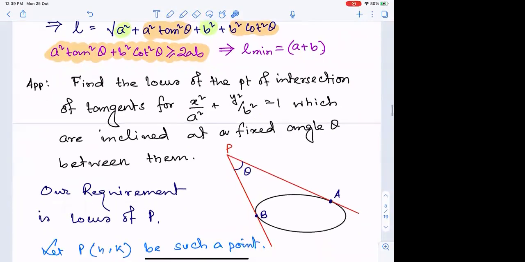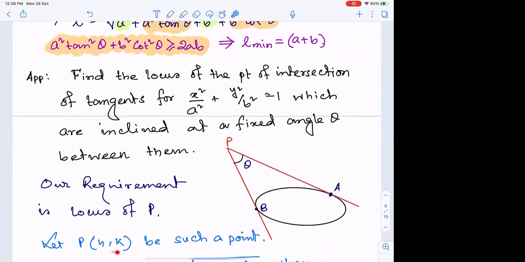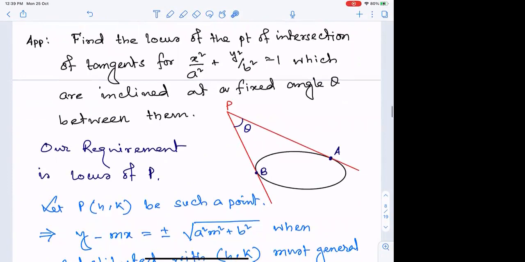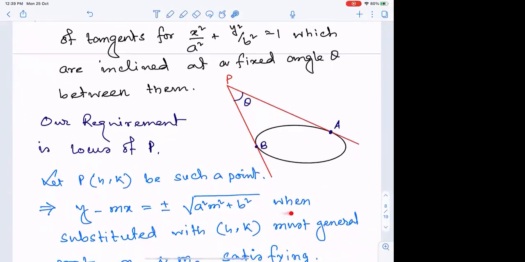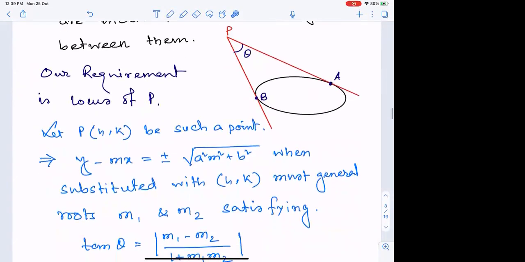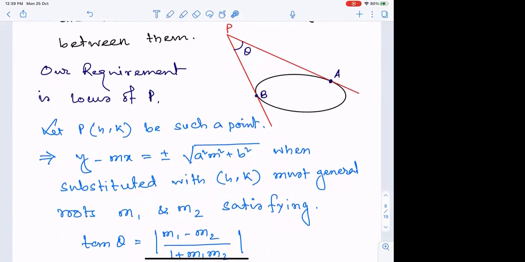So if I believe that P is some point h comma k, we consider any general tangent of the ellipse and make sure that it passes through P, then it will be transformed into a quadratic in m, having roots m1 and m2 as slopes of the tangents PA and PB.